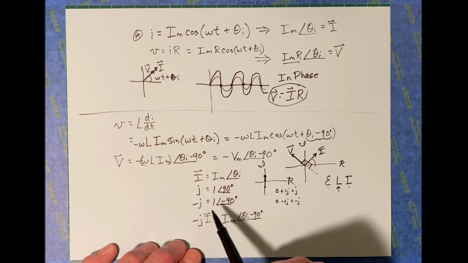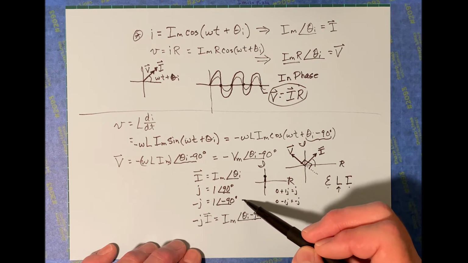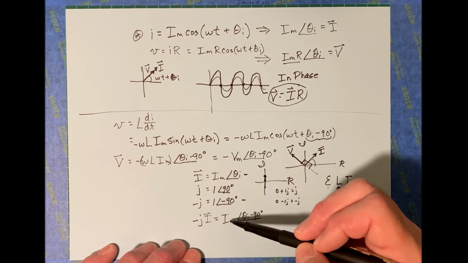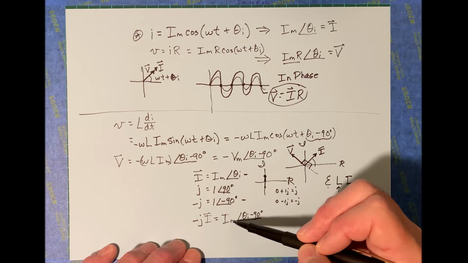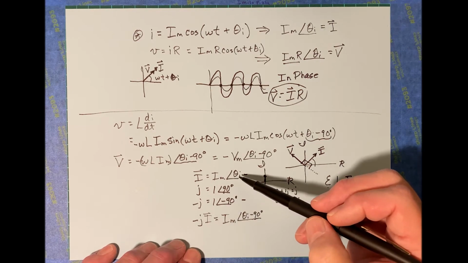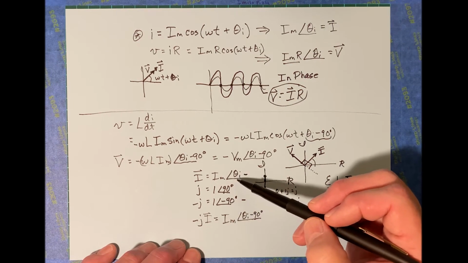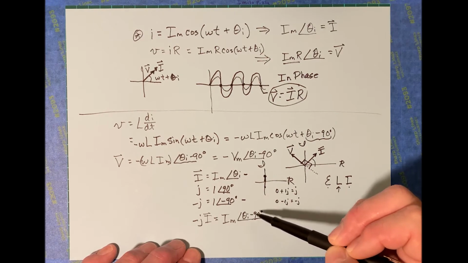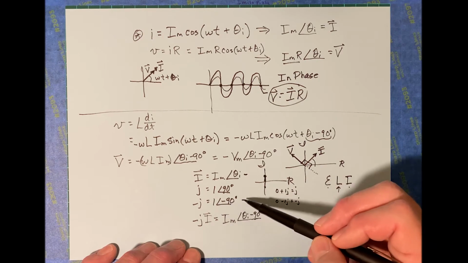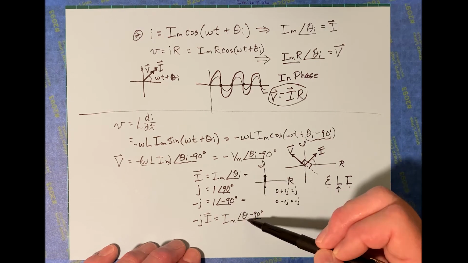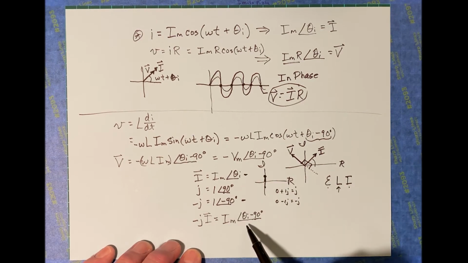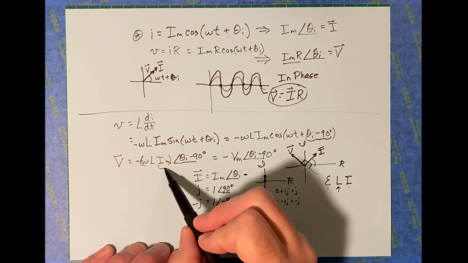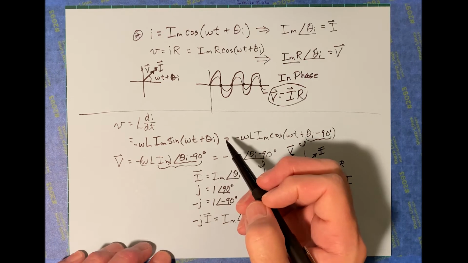Well, in order to multiply this times that, you multiply the amplitudes, which I sub m times 1 is just I sub m, and you add the angles. So theta sub I plus a negative 90 degrees, that's where that came from. So that's what we're doing. We're taking this component here and that component there, we're multiplying them together, and we end up with this. Okay, well that is exactly this right here.